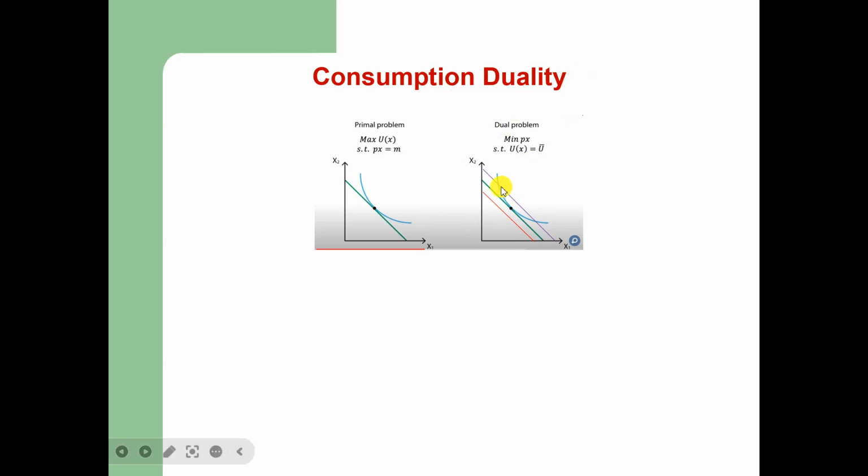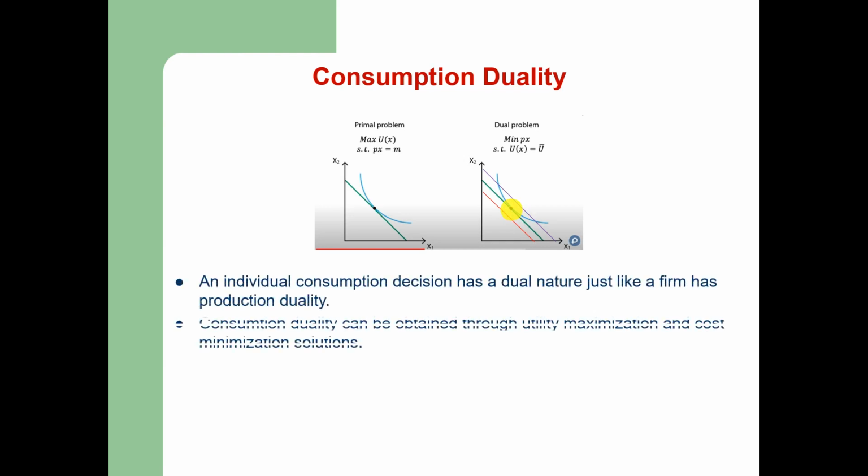Now the utility shown by this indifference curve is not possible with this budget line, so we cannot attain this utility. We can attain this utility level either with this budget line or with this budget line. So if we are using this budget line, then we are not minimizing the cost. The best situation is when the green budget line is tangent to the given indifference curve at this point. So these are the consumer primal and dual problems.